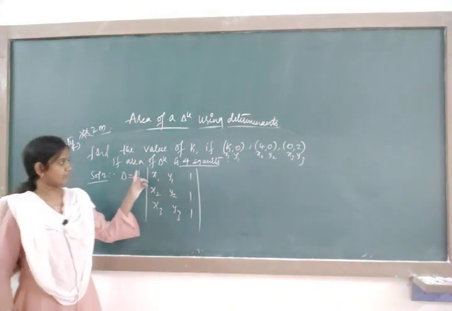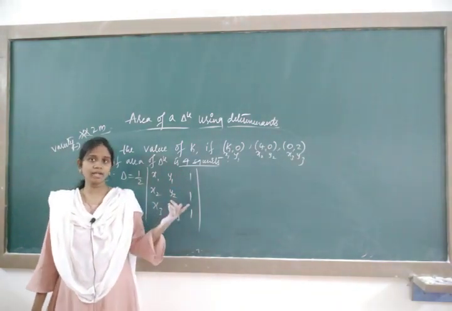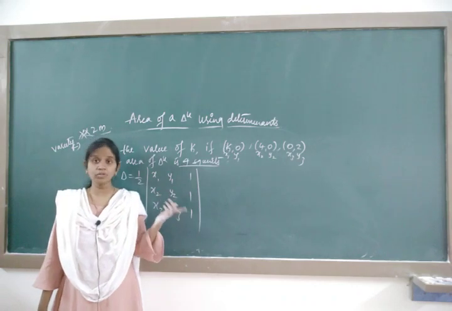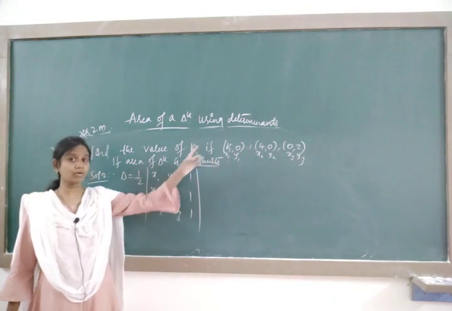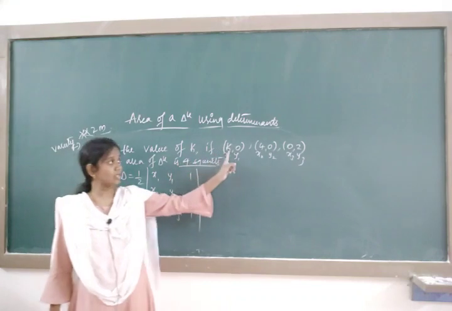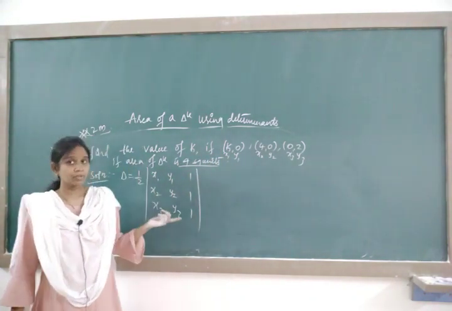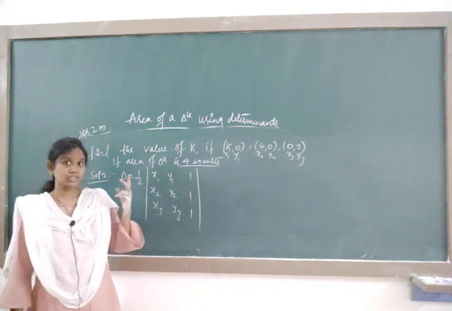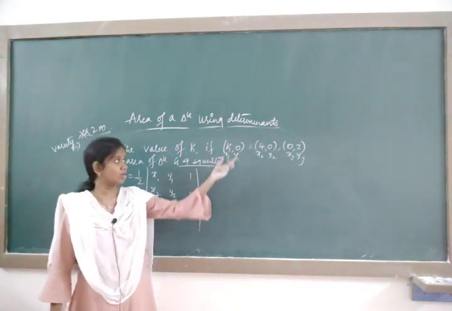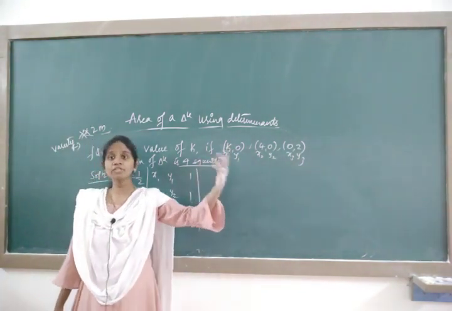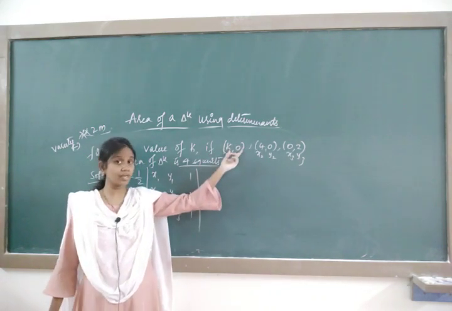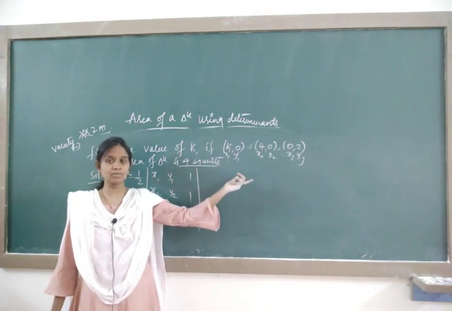Now one more, they have given the condition, area of triangle value already provided as 4 square units. It means we have to find out the value of k. Now observe here, k is one of the vertices. By looking at the previous problems in today's session, in the second problem you observed, in the brackets I have not always given positive values, I have given some negative values also, negative vertices also.